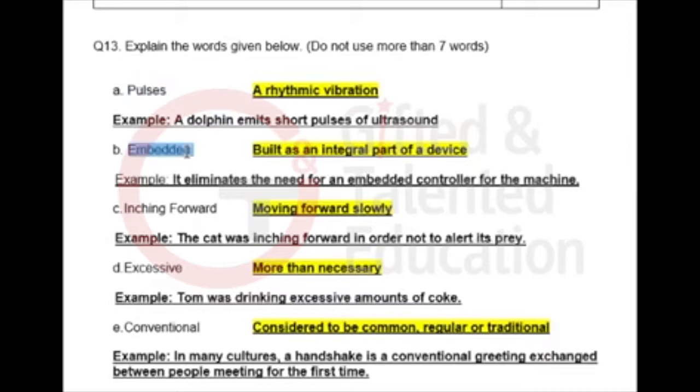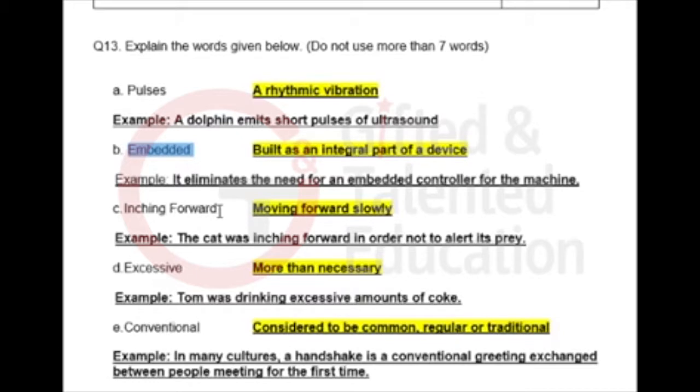How about 13b, embedded? When something is embedded, one definition says it can be built in as an integral part of a device. For example, for this machine, it eliminates the need for an embedded controller for the machine, which means I don't need to embed or integrate a controller for the machine. 13c, inching forward.